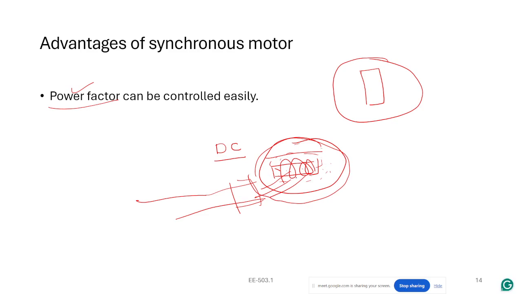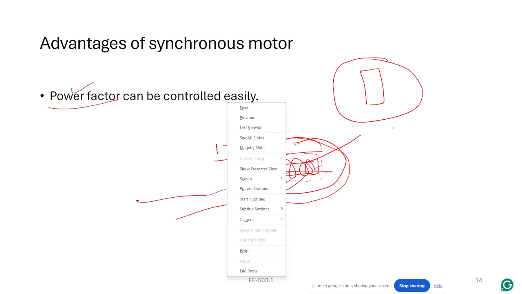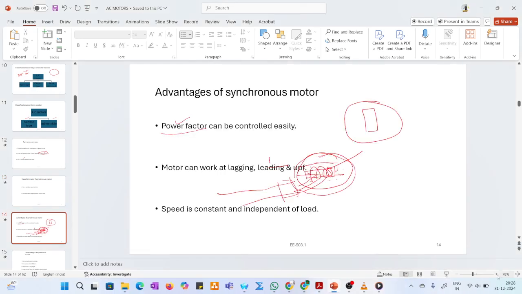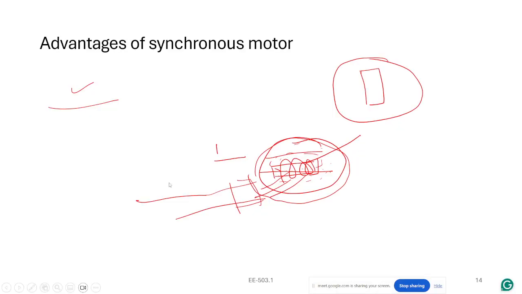Due to the rotation, the motor will run. Here we are giving a double feed: one is for the rotor, another is for the stator.